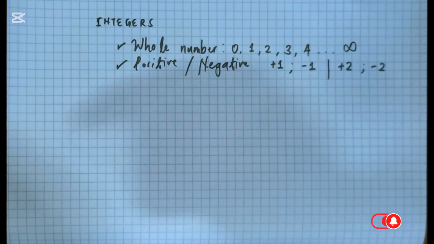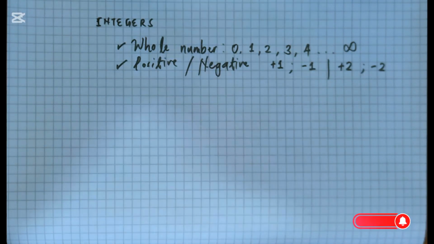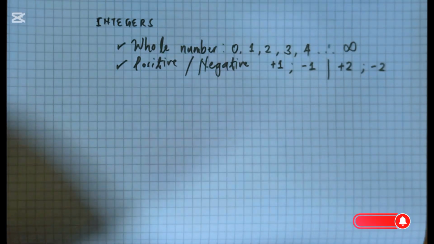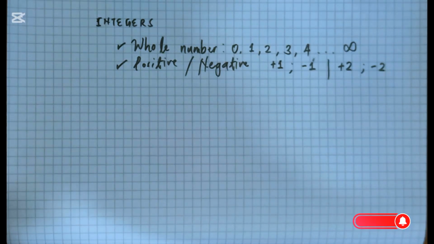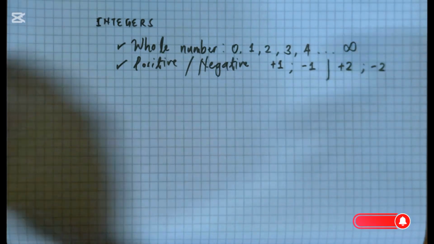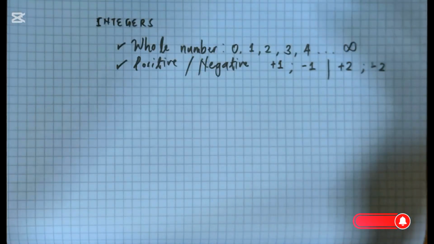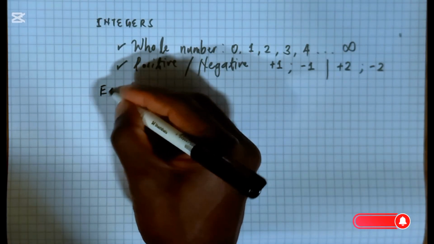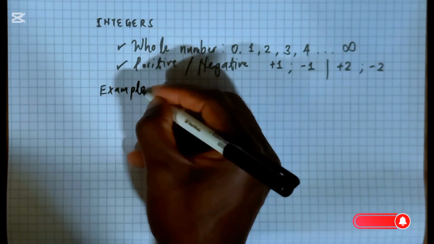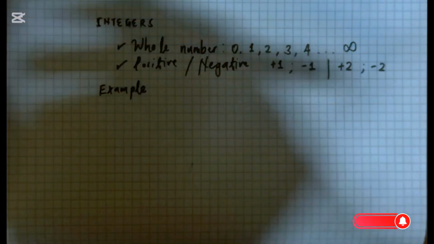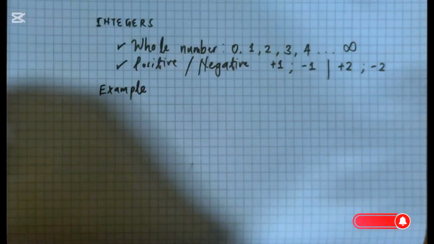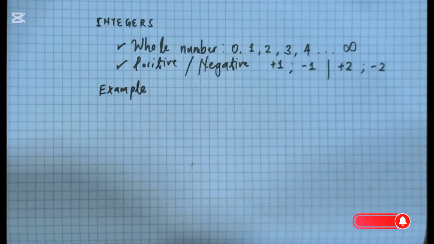Now let me give you examples of what integers would look like, so that it helps you understand what I mean. We are going to list some numbers and see if they qualify to be integers or non-integers.